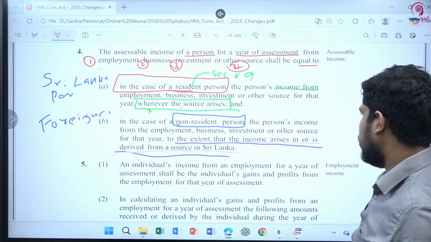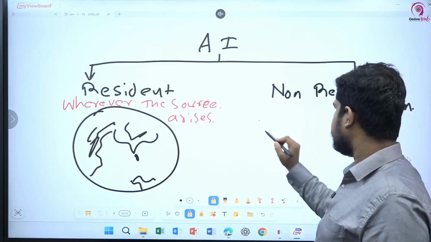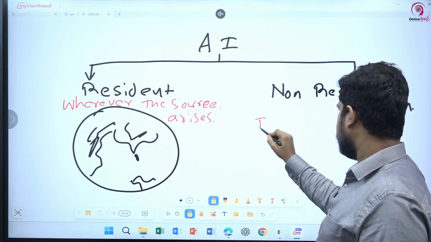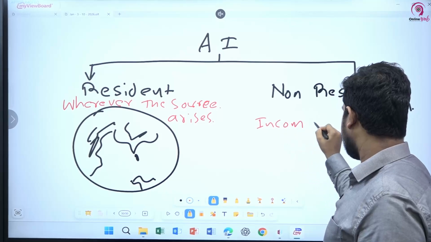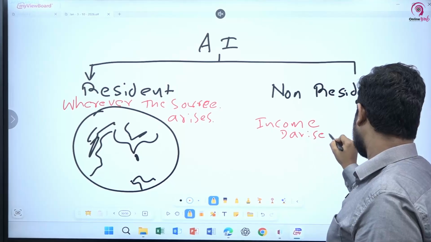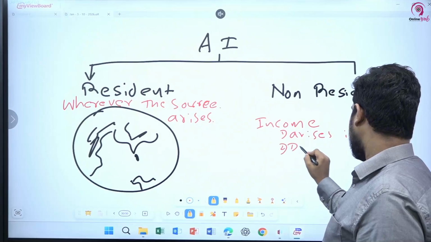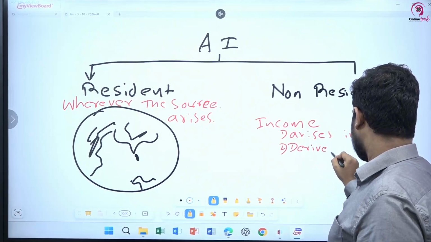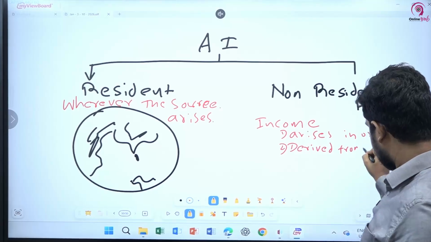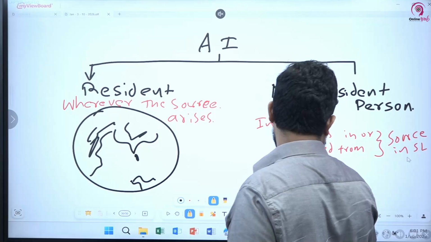Income arises in or is derived from a source in Sri Lanka.